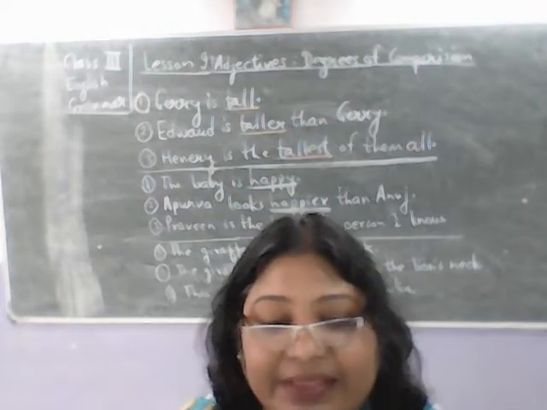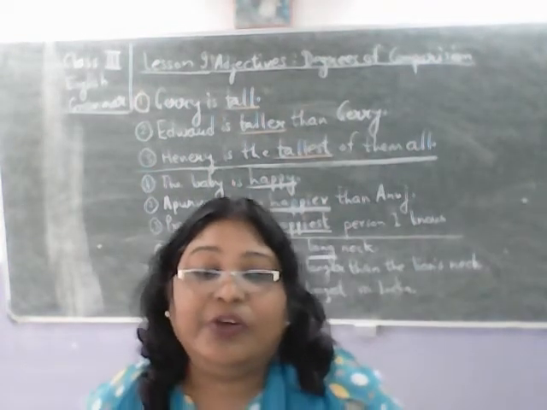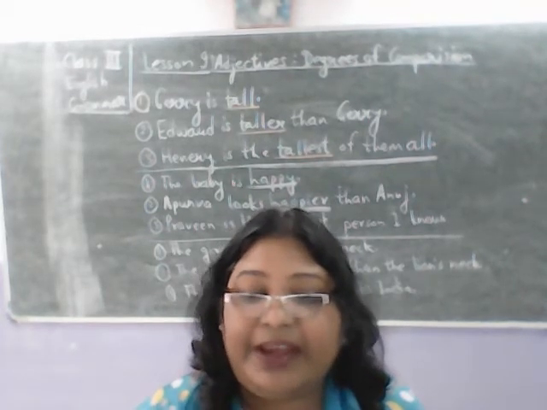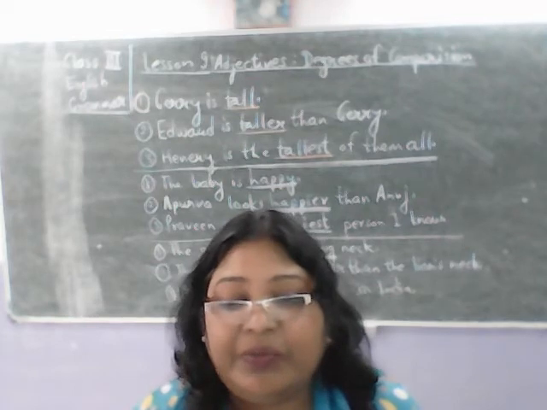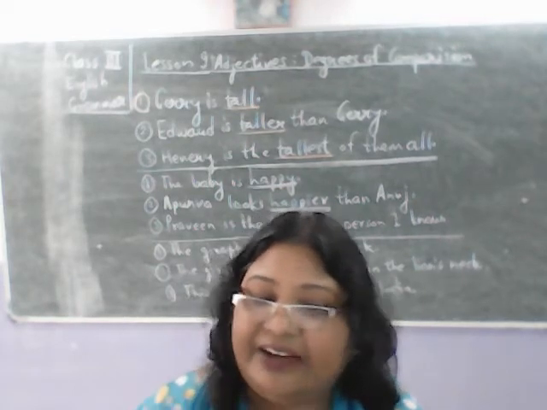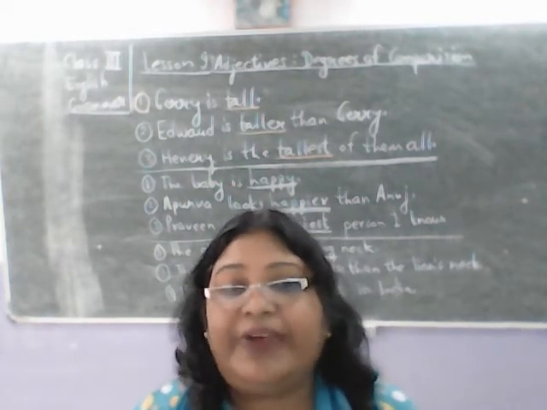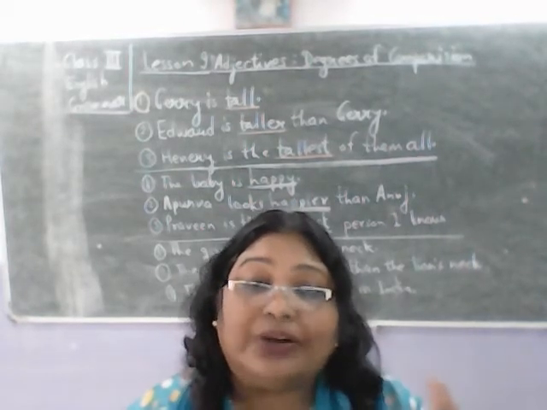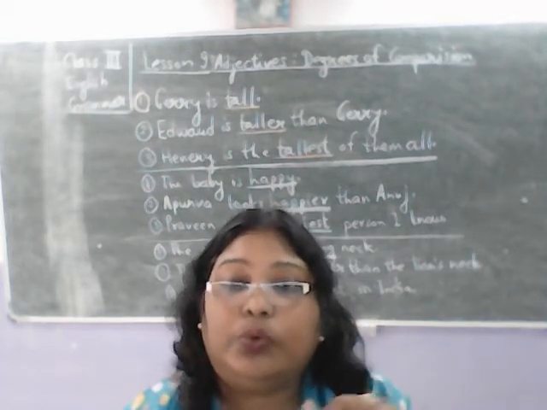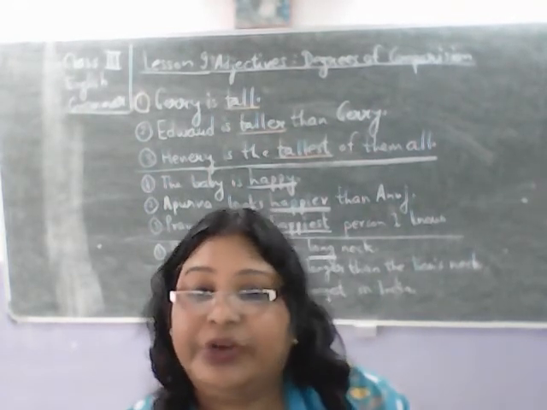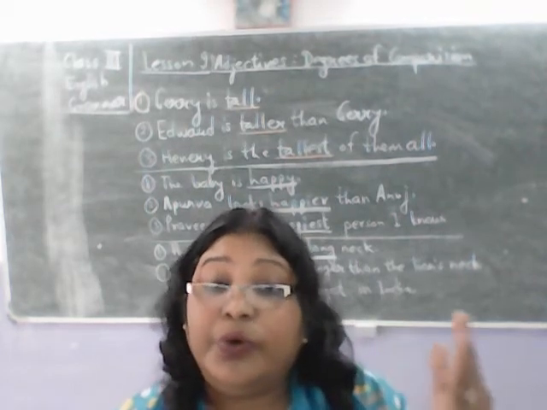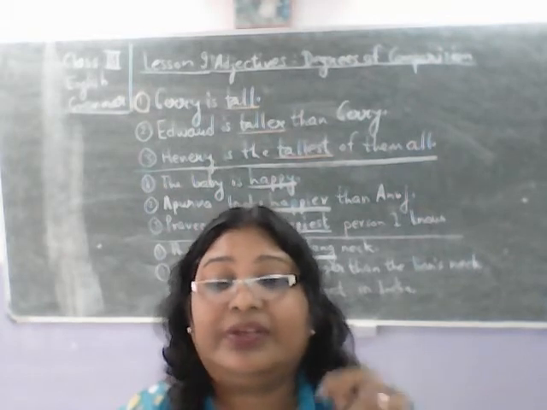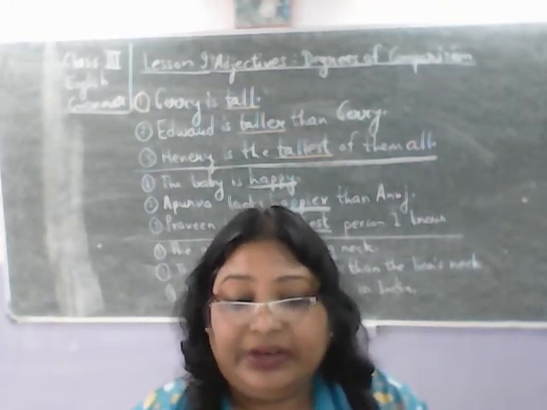Now the third rule is, for some adjectives we add more or less before the adjective instead of adding er or est. We add more when we compare two. For example, beautiful, more beautiful, and when we compare more than two, most beautiful. Did you understand?